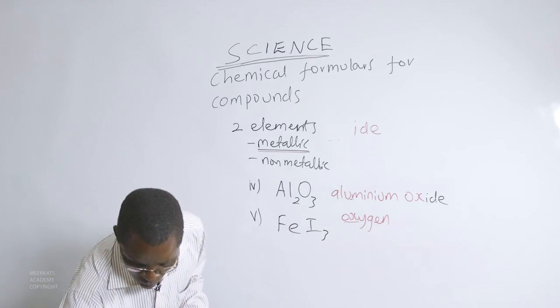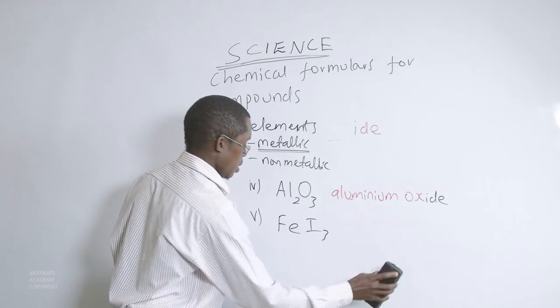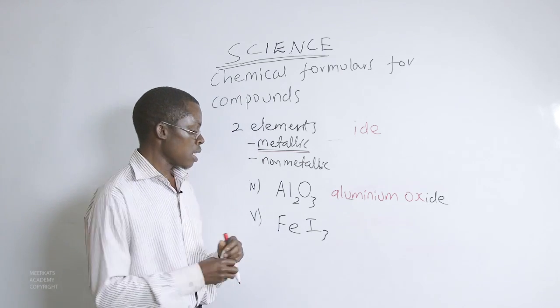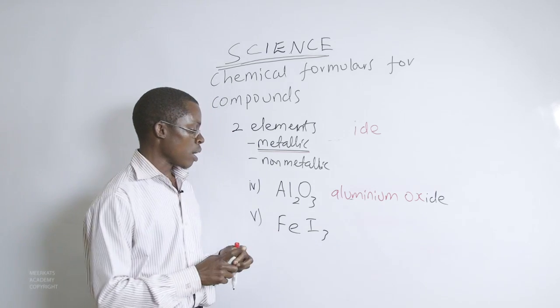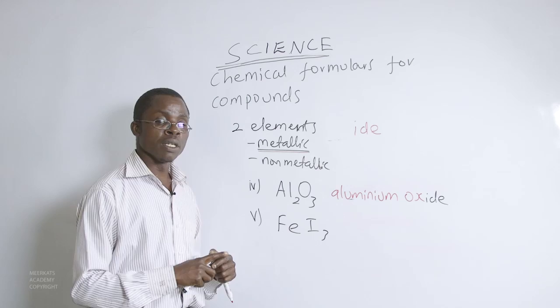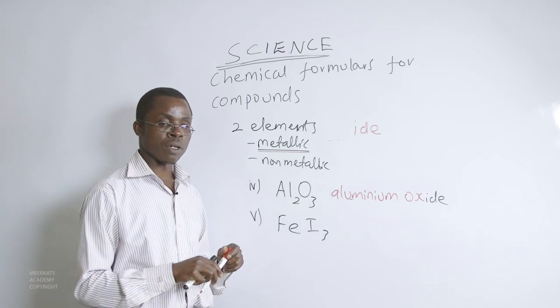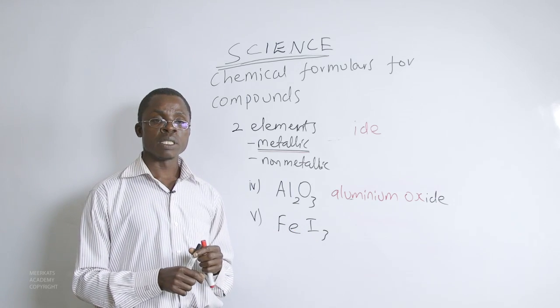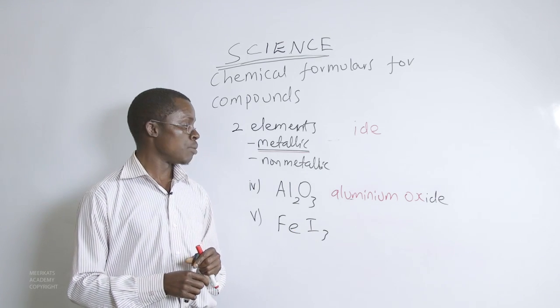Let's look at the last one, and that is Fe and I. This one is I. We have 3 I's and 1 Fe. What is Fe? This one is iron, a metal. Then I means iodine, which is a nonmetal.